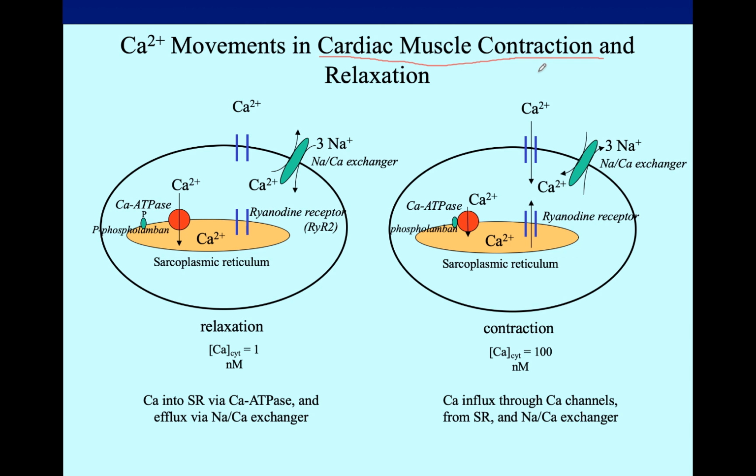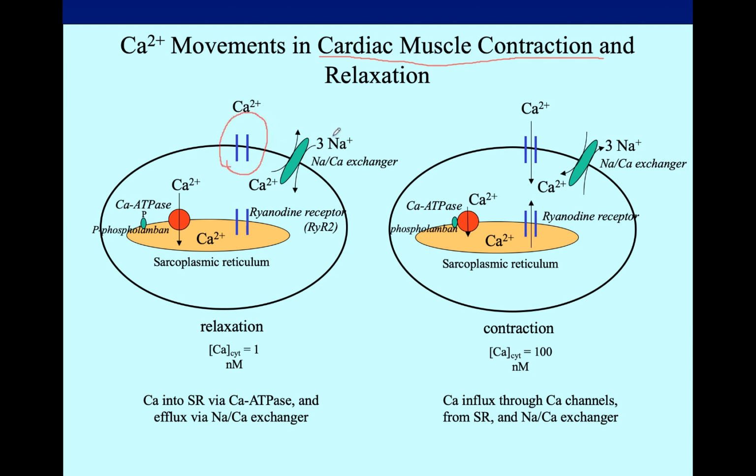Now, when that voltage touches each cardiac muscle cell, it's going to take it from a relaxed state to a contracted state. How is that? Well, because there are 4 transporters that work off of voltage changes.